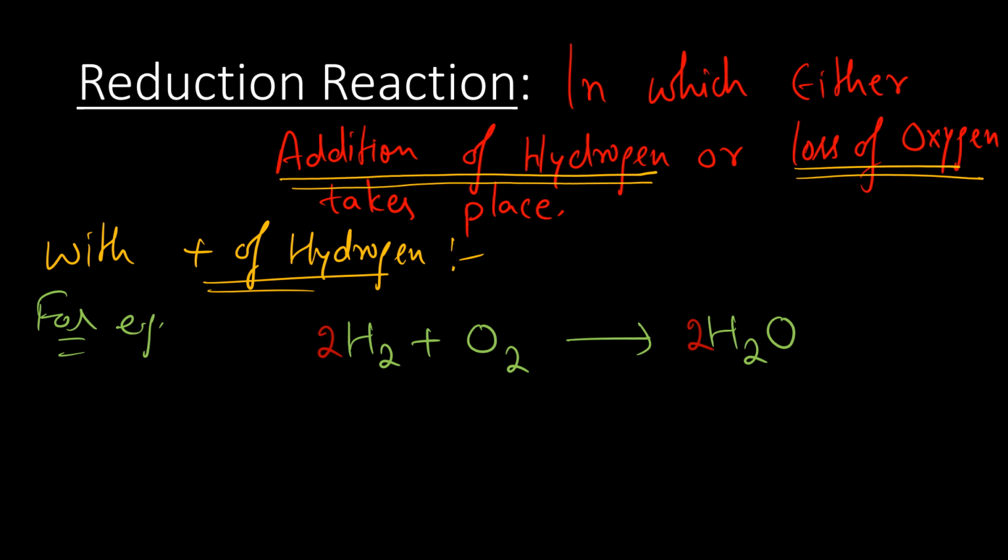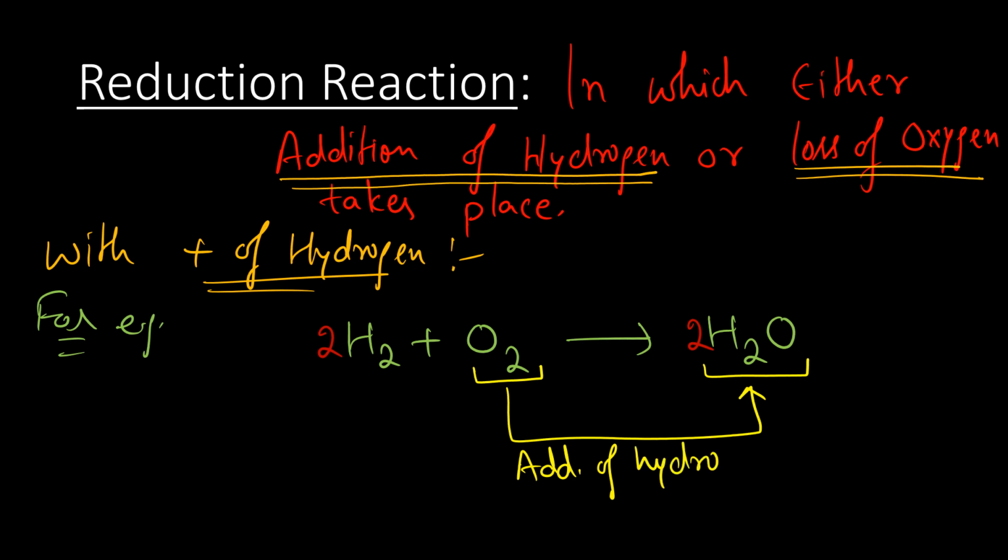Now let's see the change. Previously we were using only one molecule of oxygen, which gets changed into water. So here we can easily see the addition of hydrogen to oxygen, which gives water. If addition of hydrogen is there, it should be a reduction reaction. So this is a good example of a reduction reaction. Let's see one more example with regard to this.